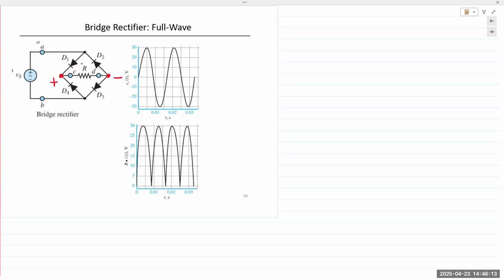Okay, so you have four diodes. Just by intuition and logic, it makes sense that two diodes will be on for the positive half, and two diodes will be on for the negative half, right? So again, let's use the ideal diode model.